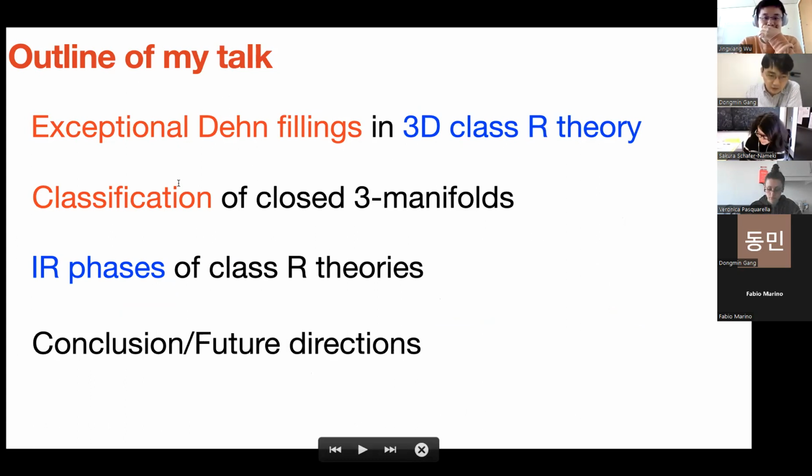Then I will give some mathematical review on the classification of closed 3-manifolds. Then I will explain how to determine the IR phase of the corresponding class R theory according to these classifications. And let me conclude and comment by giving some future directions. And please feel free to interrupt me when you have any questions.